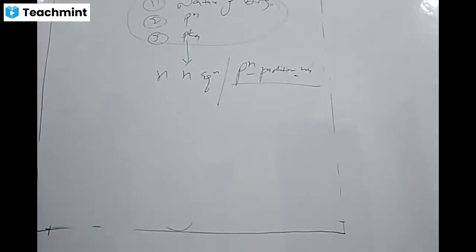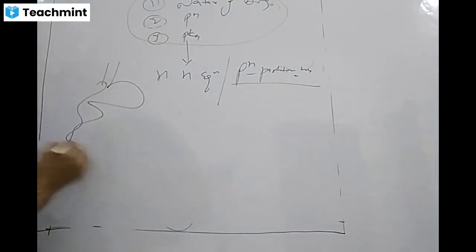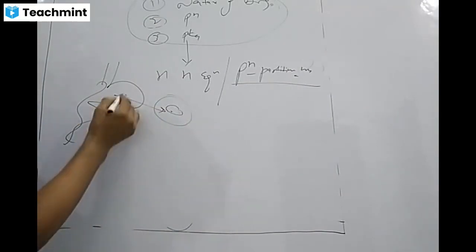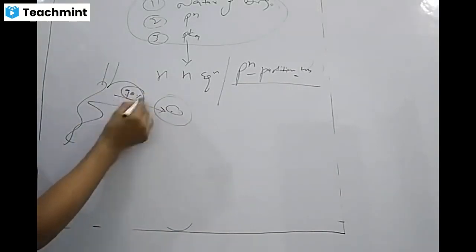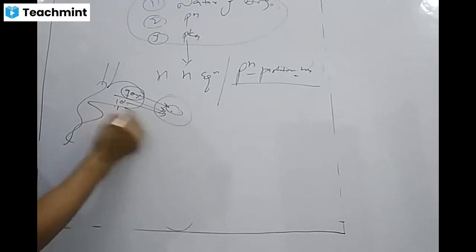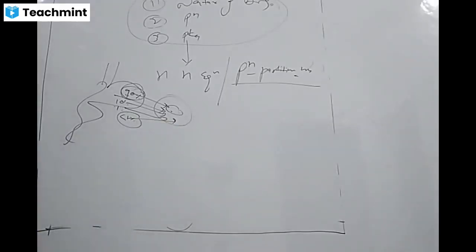This equation or this hypothesis will tell you, suppose your drug wants to move from stomach to blood, then how much drug will move? Is it 90% that is moving, or 10%, or 1%, or less than 1%? So this percentage will be explained by this phenomenon called Henderson-Hasselbalch equation.